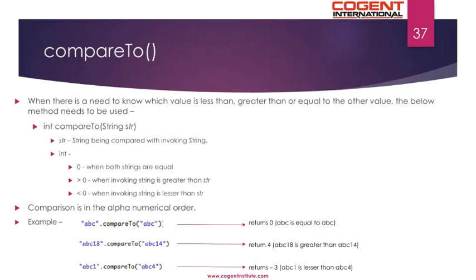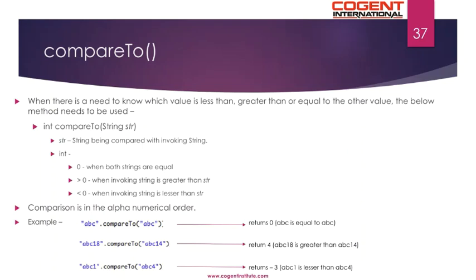compareTo method. When there is a need to know which value is less than, greater than, or equal to the other value, the below method needs to be used: compareTo, which returns an int. Here str is the string being compared with the invoking string.